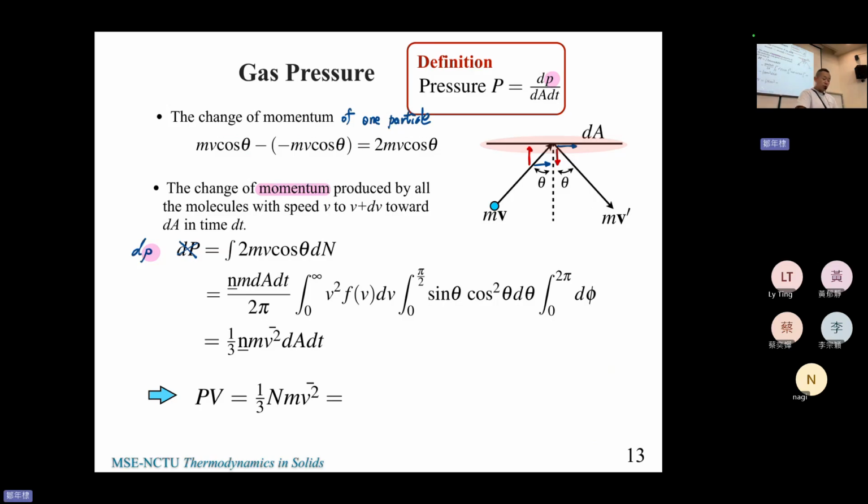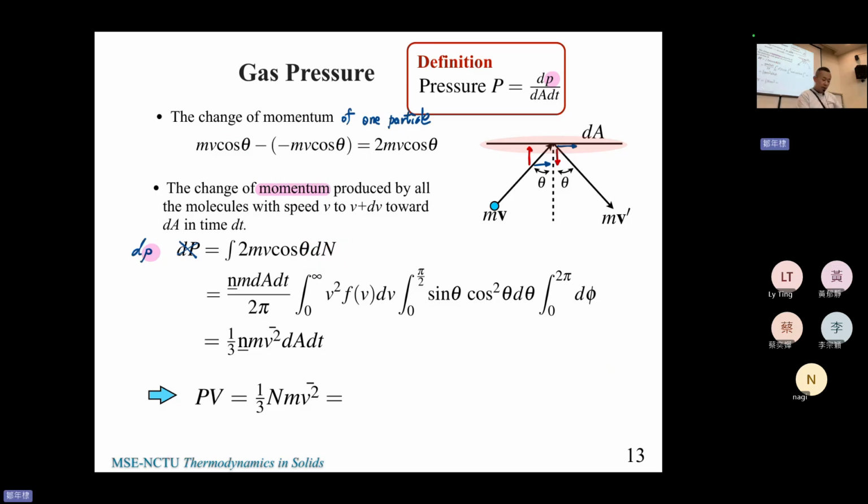But now we are going to determine all the velocity. Okay, all the velocity. So we can see the dn here.